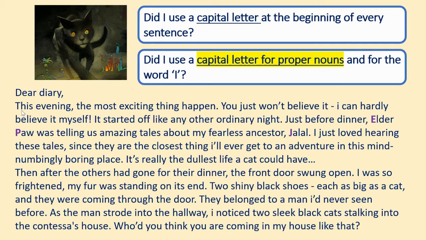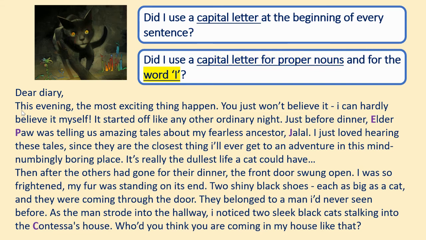That must have a capital J. I want you to really make sure that's correct in your diary. And Contessa, she's known as the Contessa. She's a countess, a really wealthy woman, and she's a Contessa, and that needs to have a capital C at the beginning of it. So those are all my proper nouns. They're there with their capital letters.